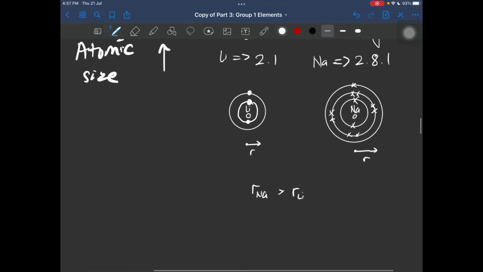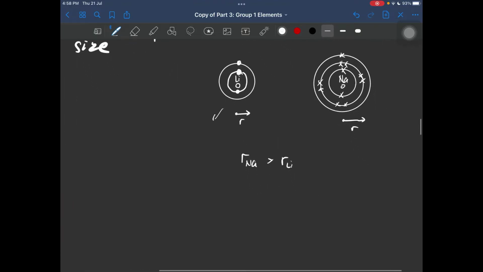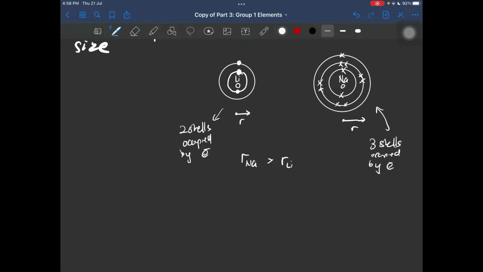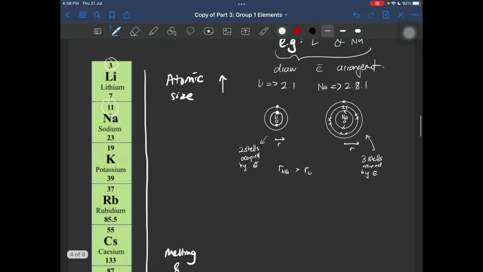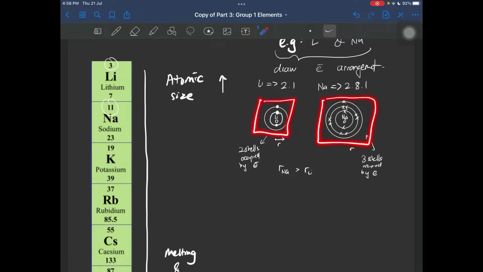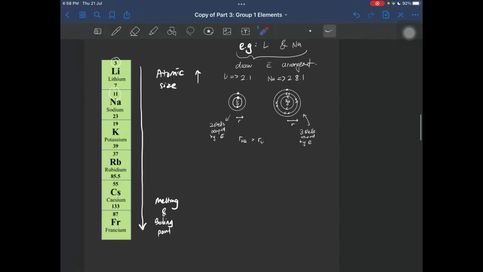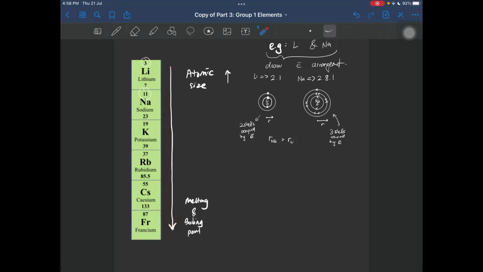It's because lithium has 2 shells occupied by electrons, whereas sodium has 3 shells occupied by electrons. Therefore, this causes the atomic radius to increase. And when the atomic radius increases, the overall size of the element will also increase. So the atomic size will increase when you go down the group.